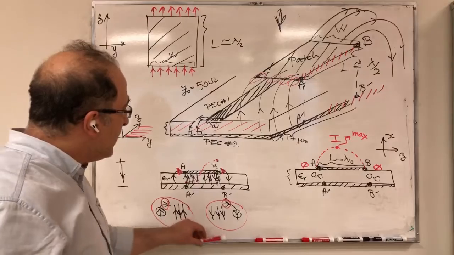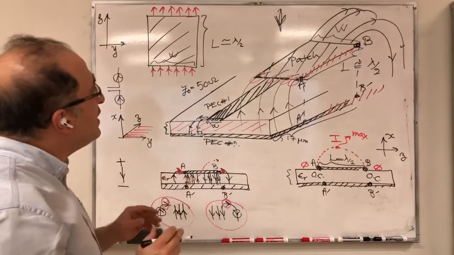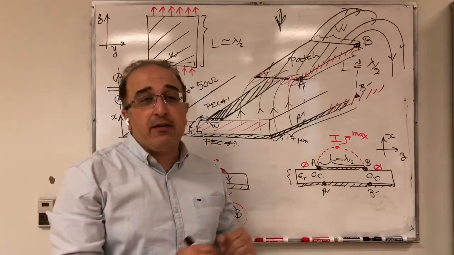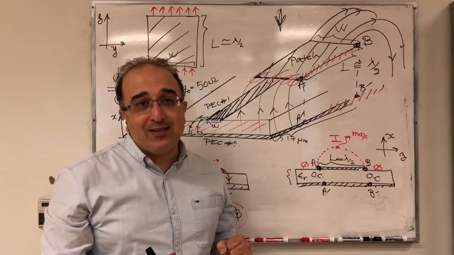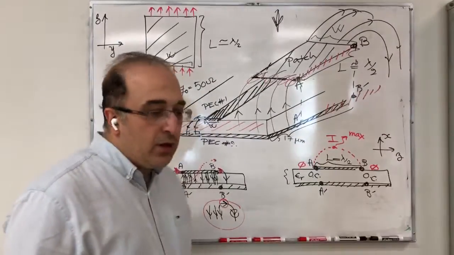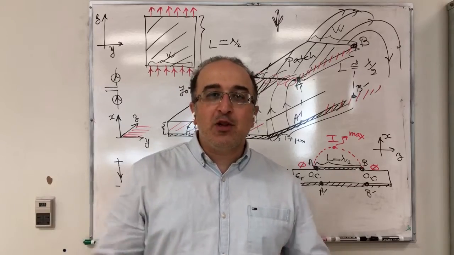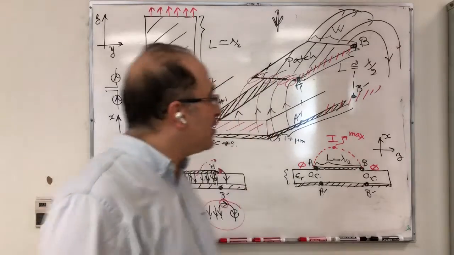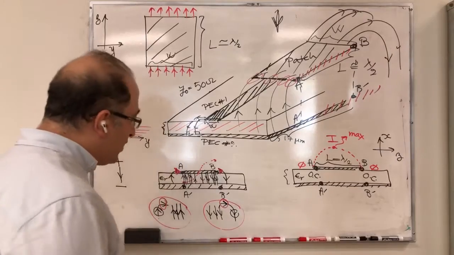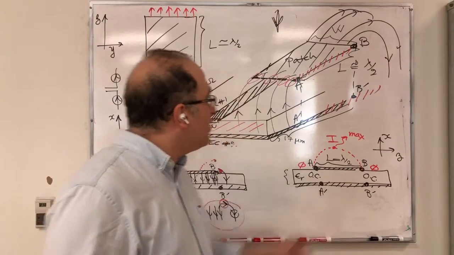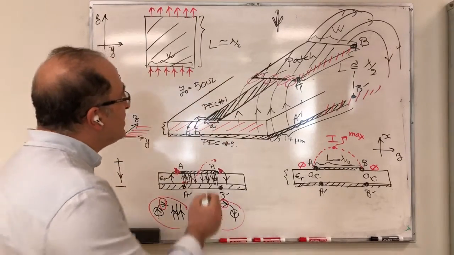Now that we understood this, we need to look at another aspect of the patch antenna. Let us now start with a little bit of design of the microstrip antenna. If you want to design a microstrip antenna, remember the first part is the transmission line.